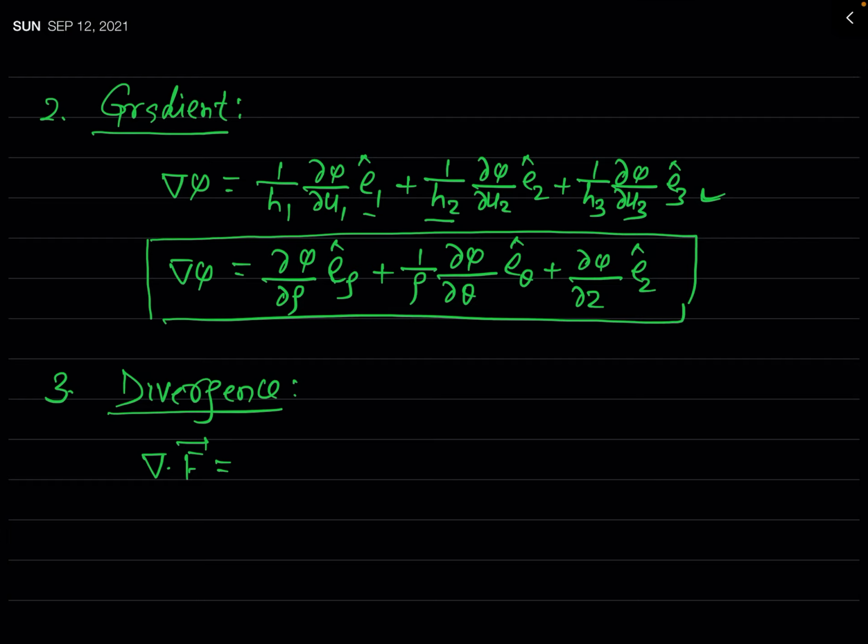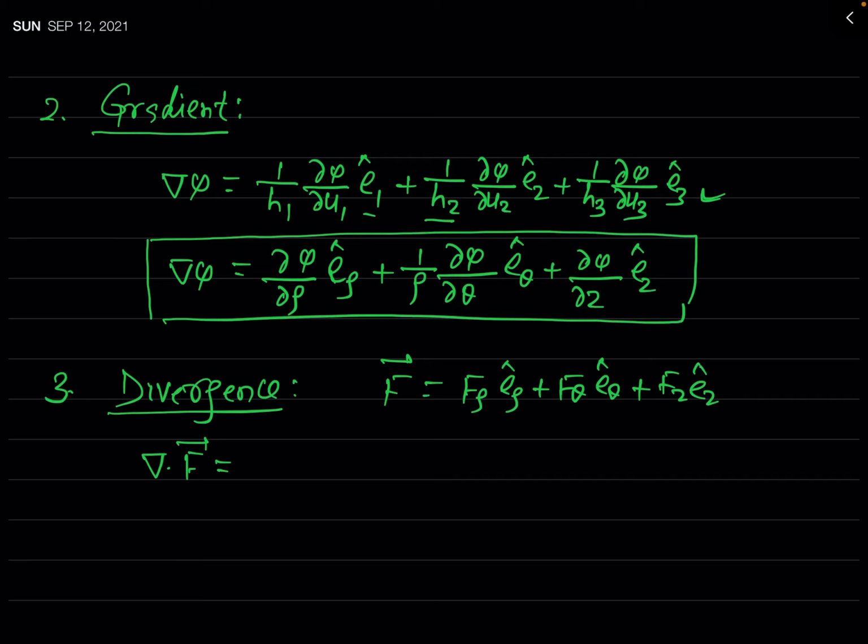What will del dot F be? For this we consider that F is equal to F rho E rho hat plus F theta E theta hat plus Fz Ez hat.